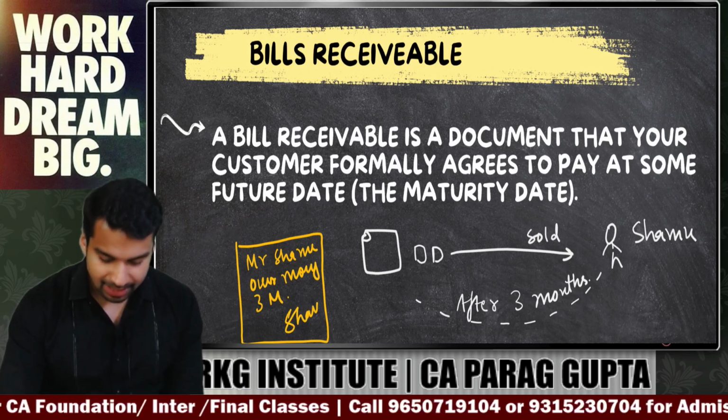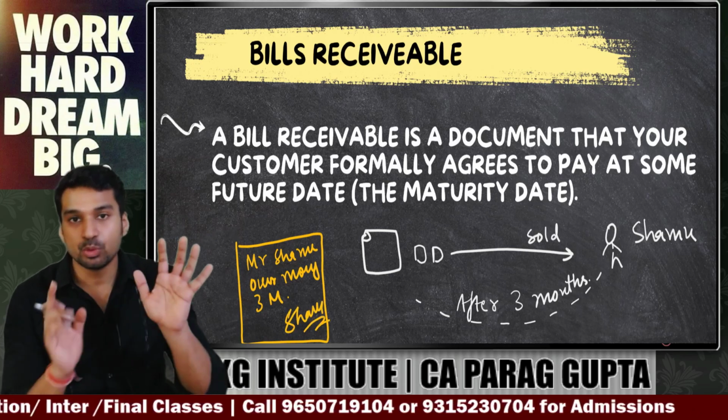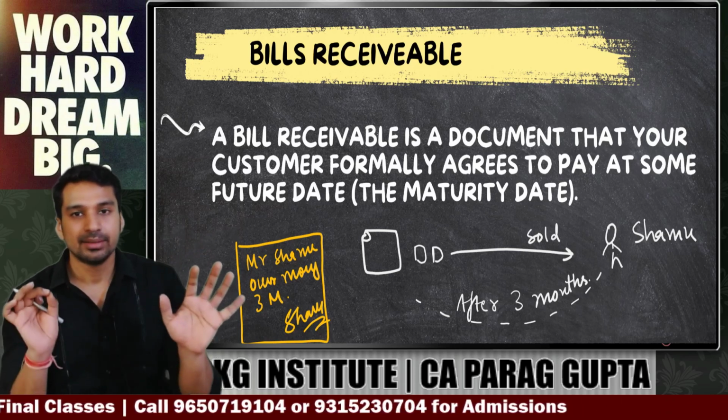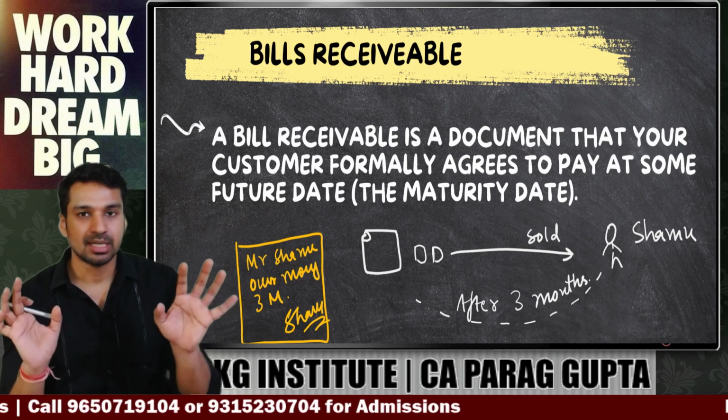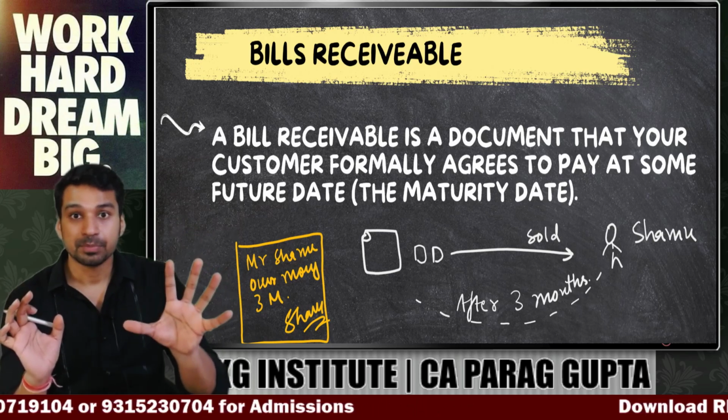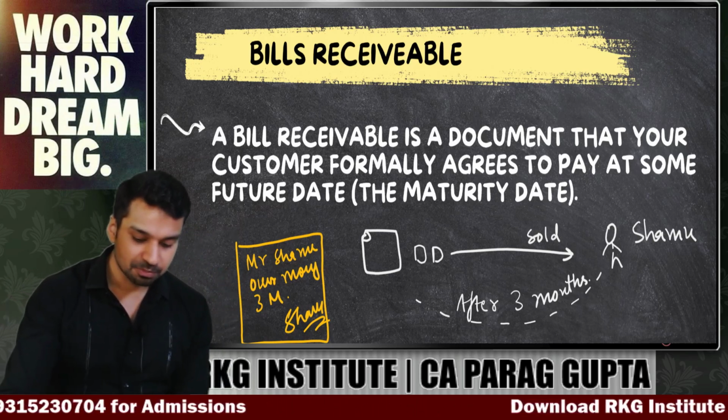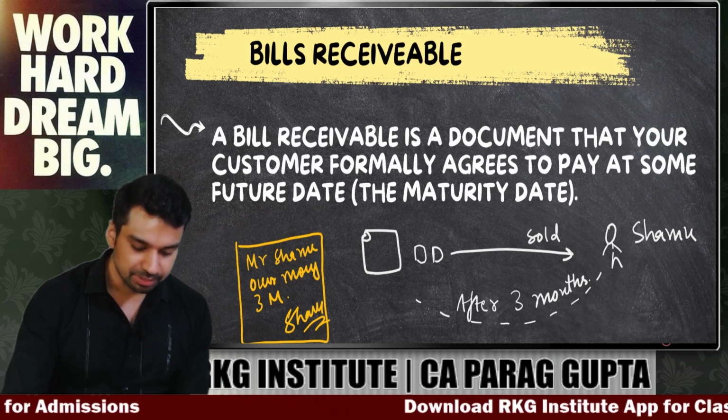Shamu will say, okay, I agree. Now this is a proof for you that Shamu will pay your money after 3 months. Now this piece of paper is an asset for you. This piece of paper is known as bills receivable.